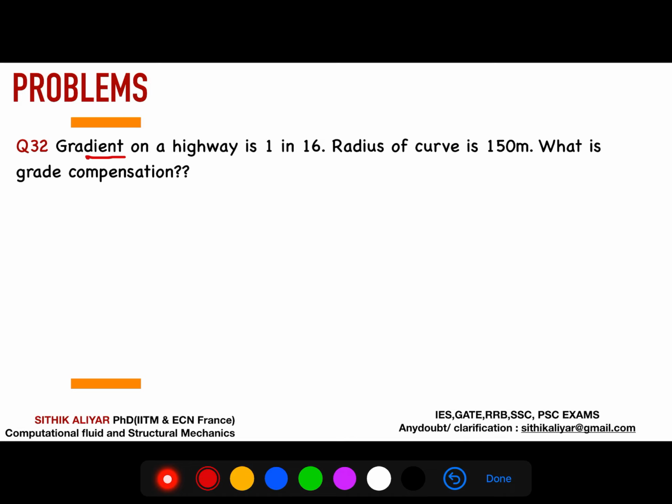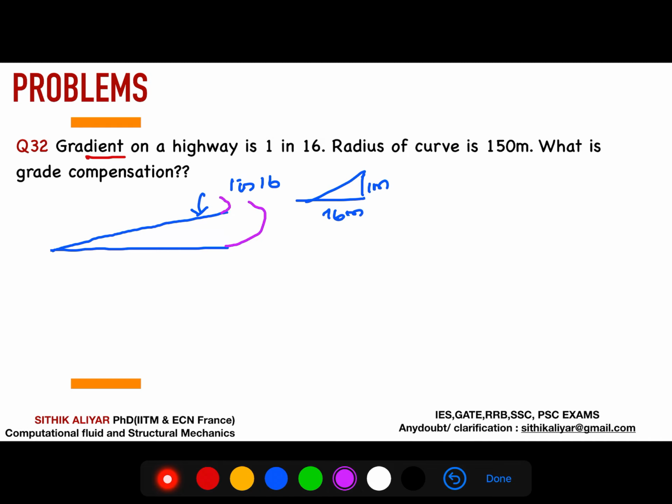Consider there is a gradient coming on a highway, and the road is supposed to be like this. Now, because of the gradient, the road is something like this, and the slope is 1 in 16, meaning for every 16 meters, 1 meter rise, and this road is about to meet a horizontal curve, something like this.